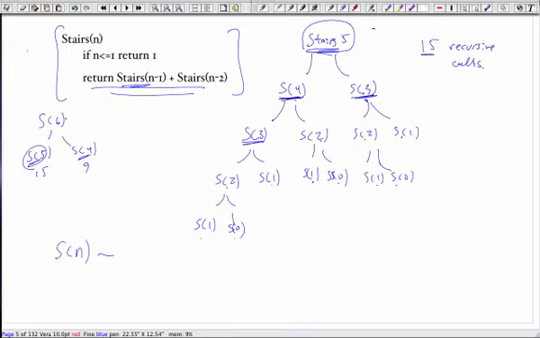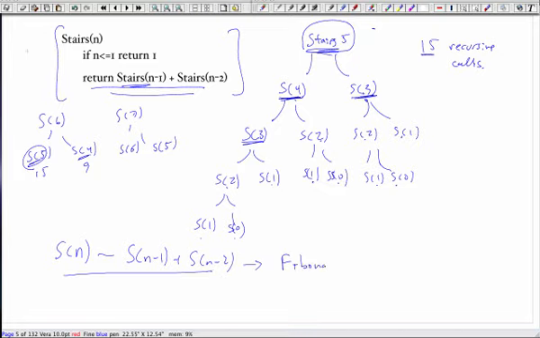Okay? So S of 6 is going to be 9 plus 15, right? S of 7 is going to be S of 6 plus S of 5, right? So the number of recursive calls in this algorithm is also going to be related to the Fibonacci number. And therefore, it's going to be somewhere around phi to the n.